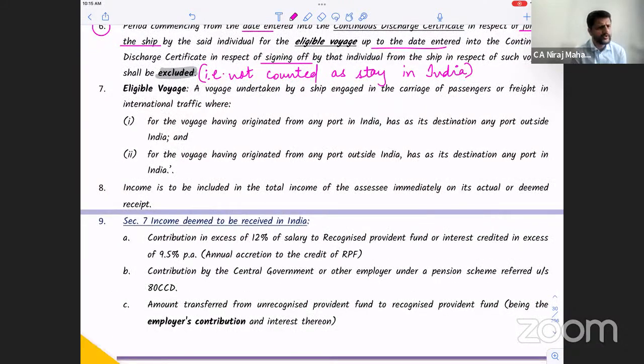Quickly, read through point number 7, eligible voyage. Done? Tell me. Only point number 7.